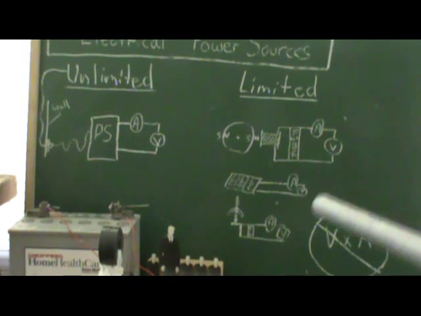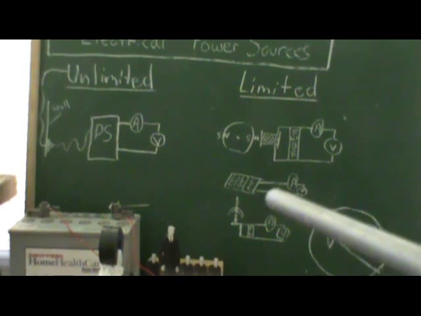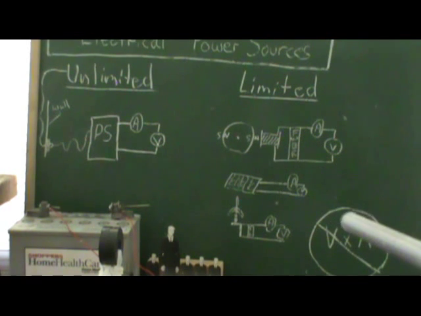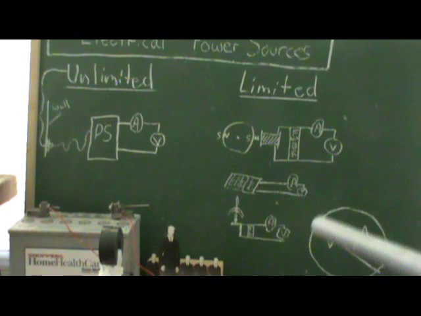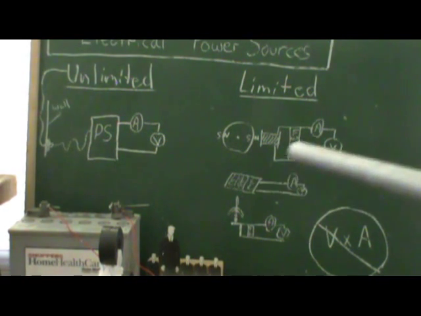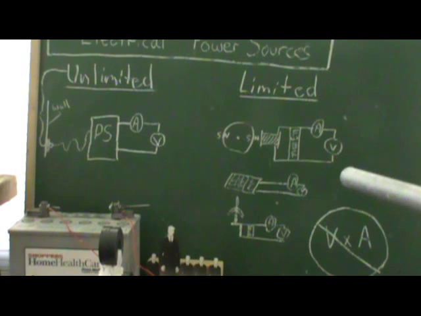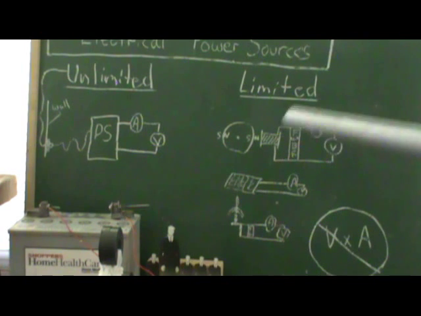But mainly what I want to say is that in a limited source electrical system, your volts times amps calculations you're going to find aren't going to be accurate. They're just not going to be accurate. It's resistance or load dependent. It depends on the resistor and the number of volts it requires from the source.